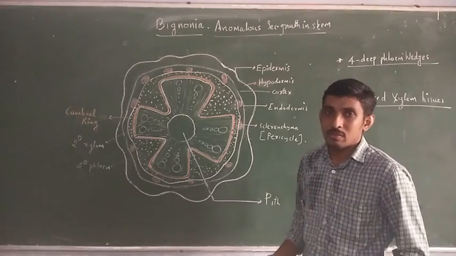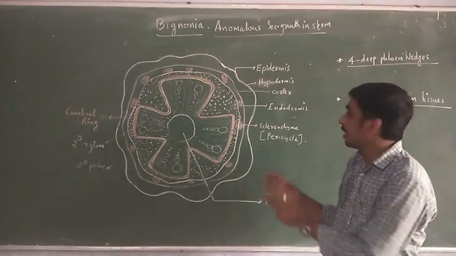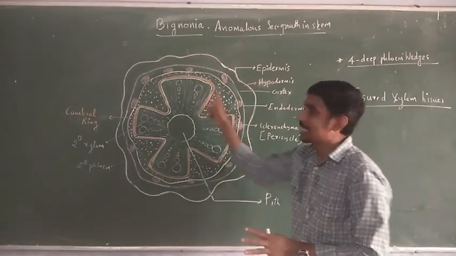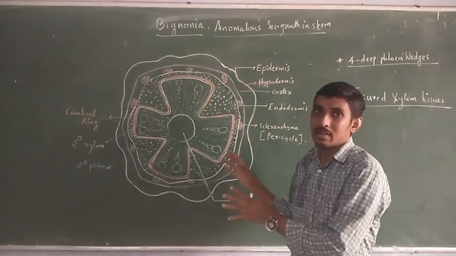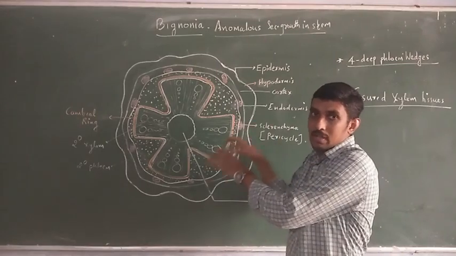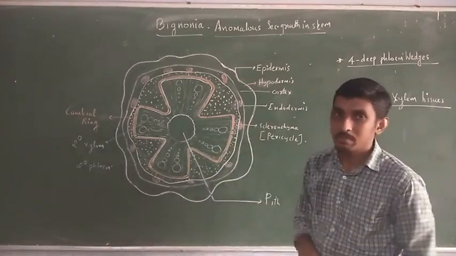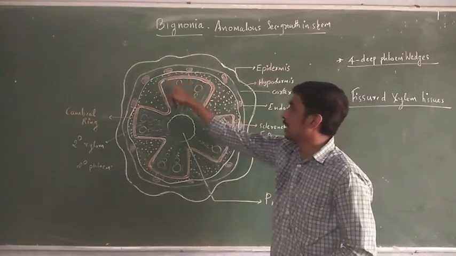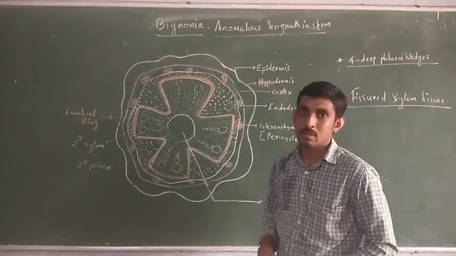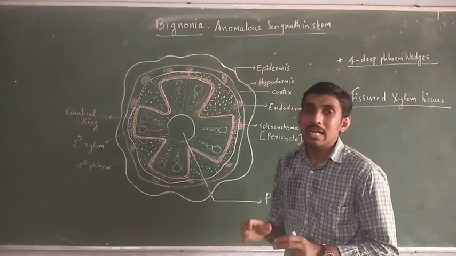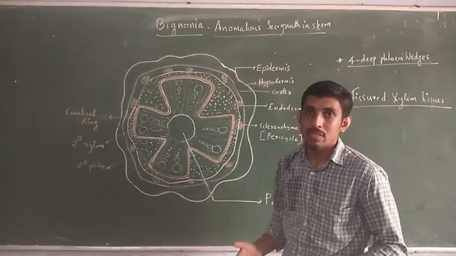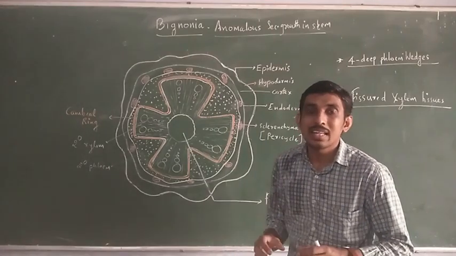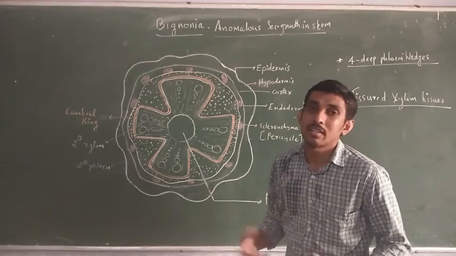So in our case, we are not going to study all these details, but we are going to study the secondary thickening, that is, the anomalous secondary thickening that happens in this Bignonia stem. When we move into that topic, you can see the cambial ring. Actually, at the initial stage of secondary growth in Bignonia stem, it is a normal way of secondary thickening.